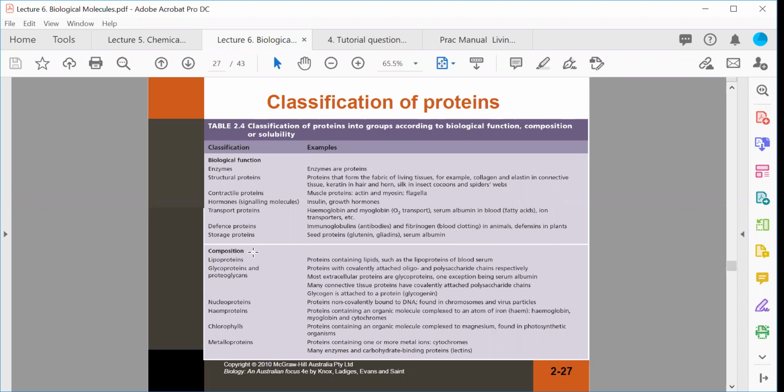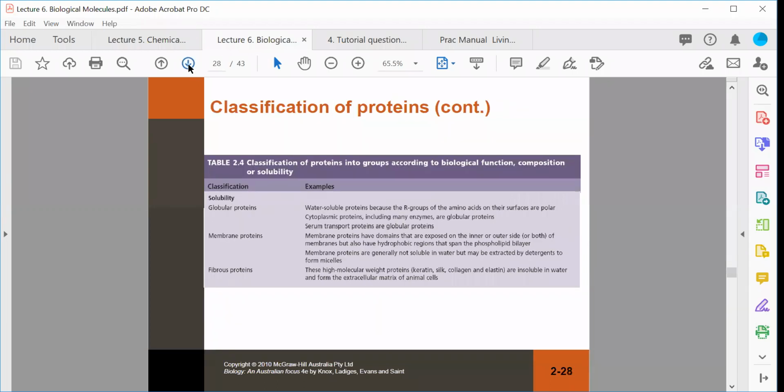Classification according to composition, they can be classified as lipoproteins, glycoproteins, nucleoproteins, and so on. According to solubility, they could be water soluble, in which case they're classified as globular proteins. They could be membrane proteins or fibrous proteins.